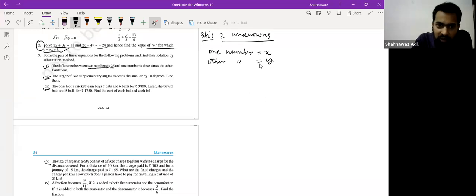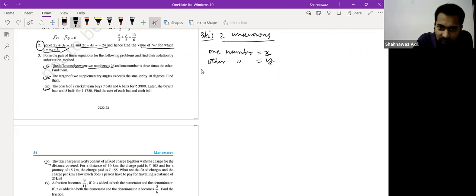Let us ponder about this information. The difference between the numbers, right? This is the first number, this is the second number.